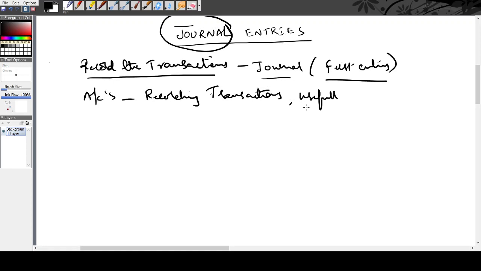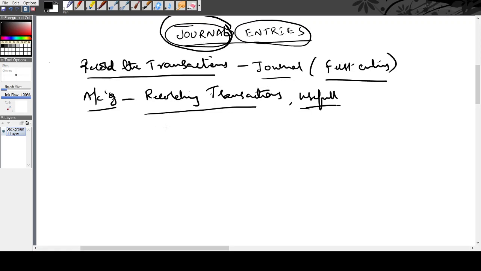We record the information relating to transactions of a business, and we do some more things so that the information becomes useful to the businessman. Now where are we going to record the transactions? In a book called the journal. Because we record them in a book called the journal, we call them journal entries.